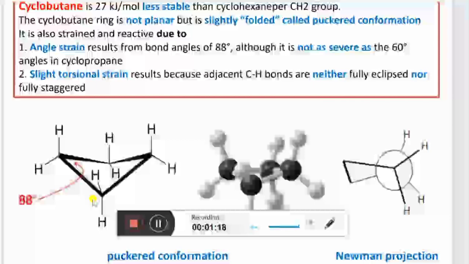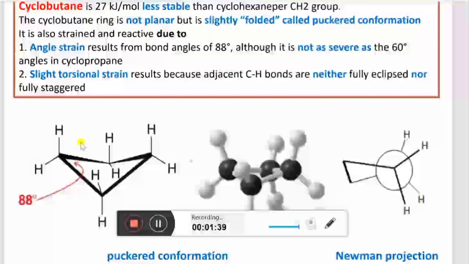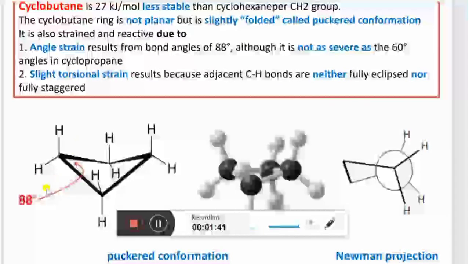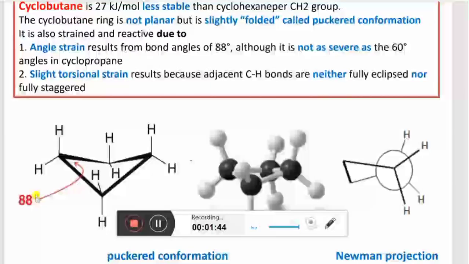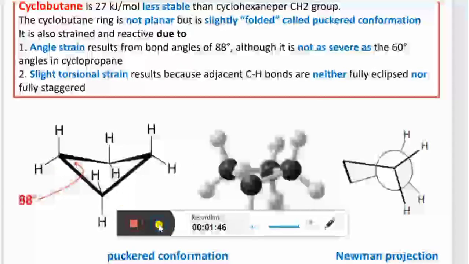An sp3 hybridized carbon is assumed to show an ideal angle of 109.5, but here it is showing an angle of 88 or 90, which is deviating. So you can subtract this from the 109.5, and that comes around 19 to 21. So it is deviating by 19 to 21 degrees from the ideal angle.